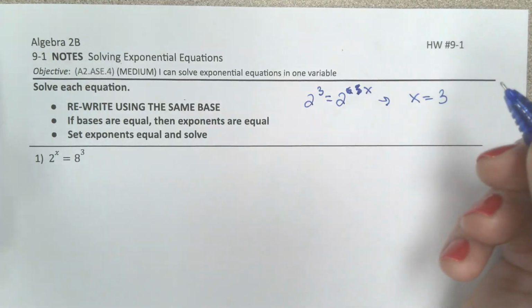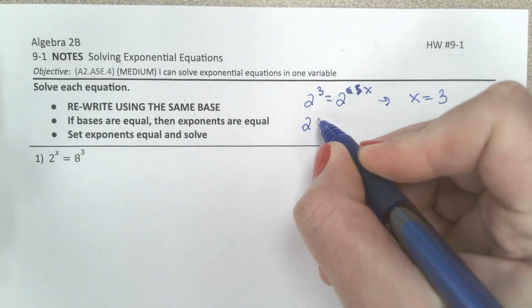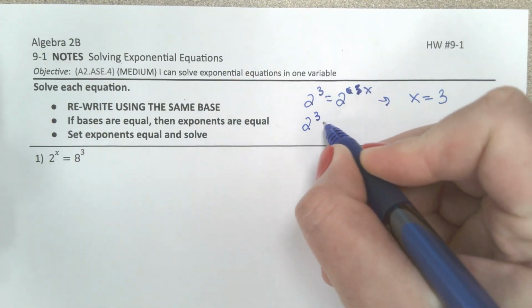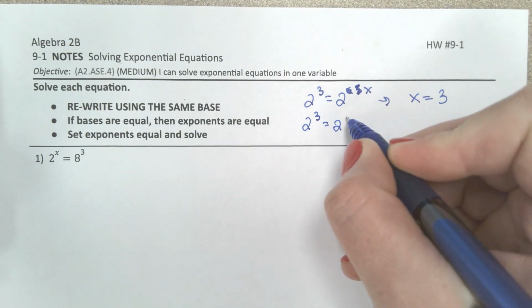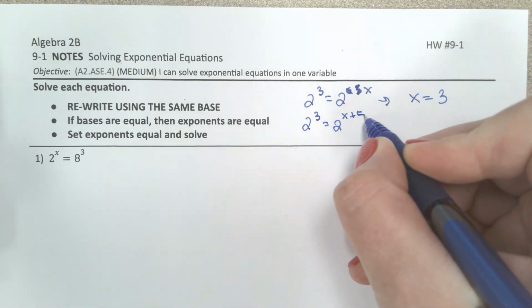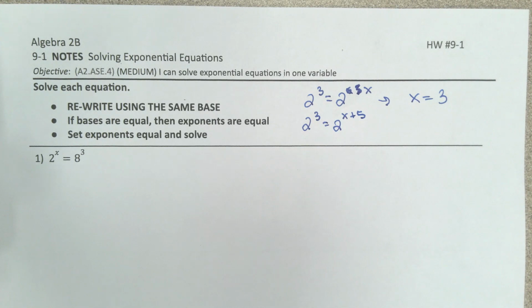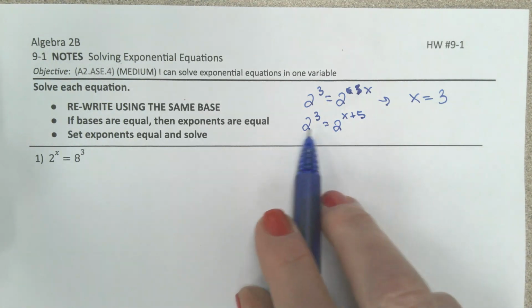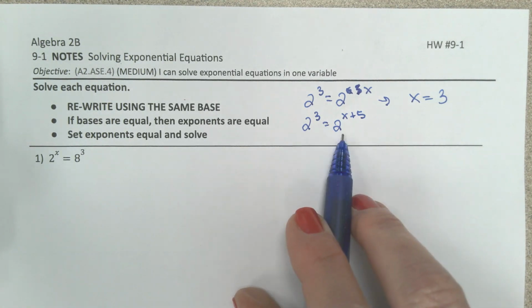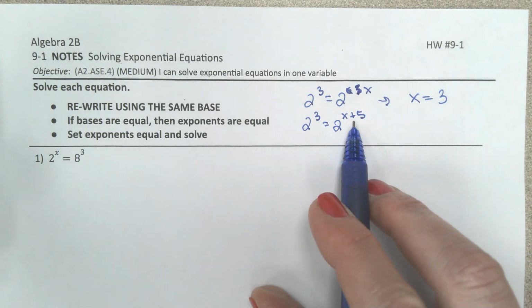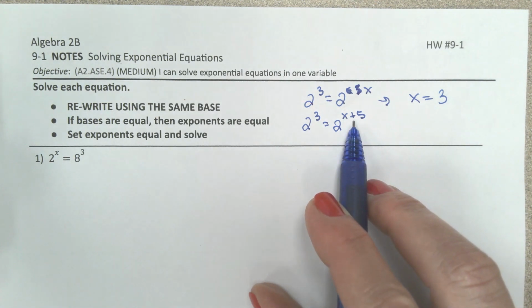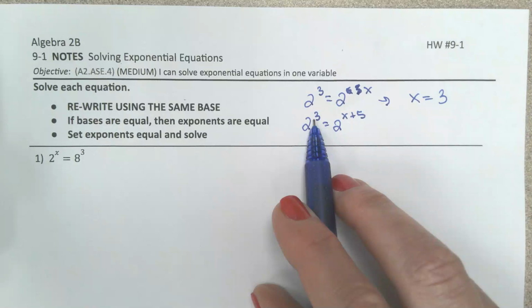So what if I had 2 to the third equals 2 to the x plus 5? Well, okay, so these bases are equal, so I have to figure out what number x should be so that it equals 3.